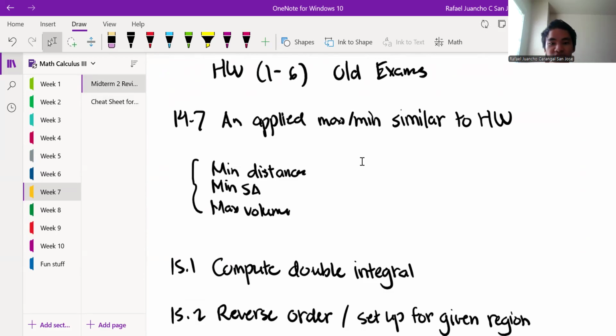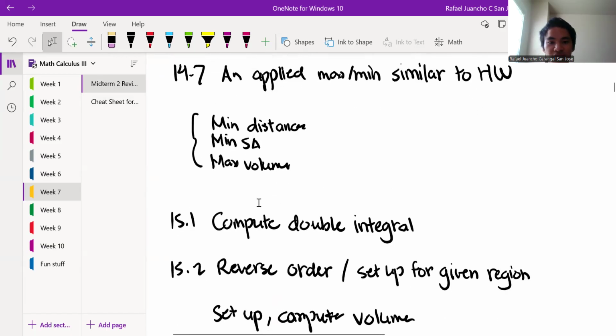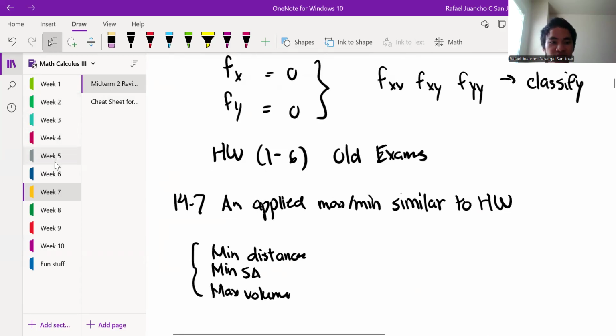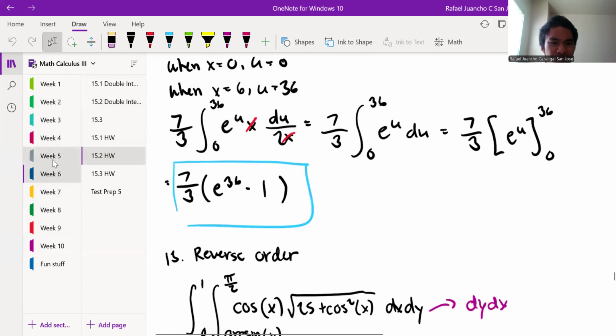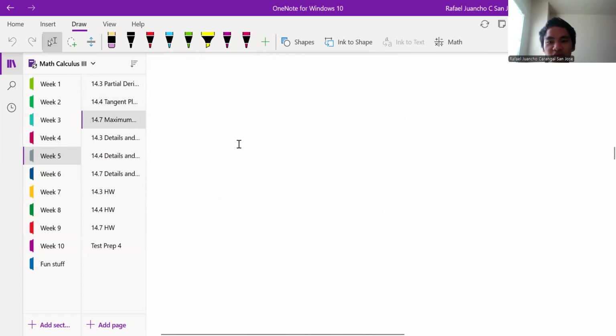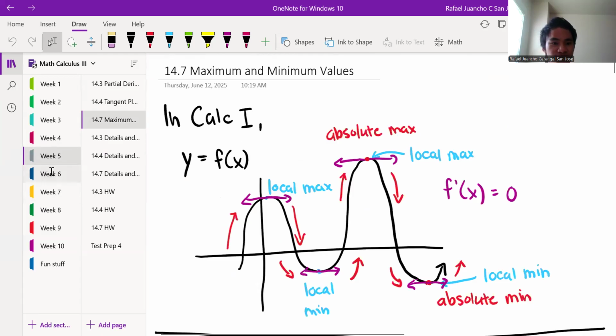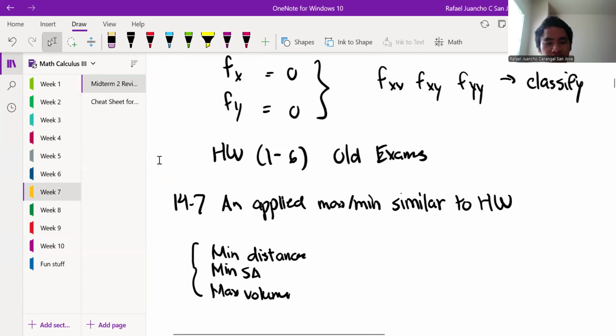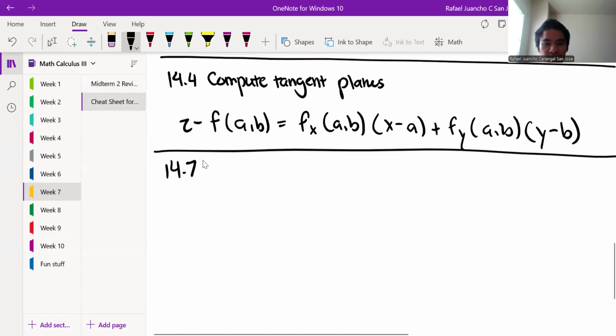So really here, I'm going to focus more on the homework than the old exams. 14.7 was around week 5-ish, and it's really more on maximum and minimum values in general. We did talk about that in my calculus series, so it's pretty much just a review. Bottom line, max and min values.